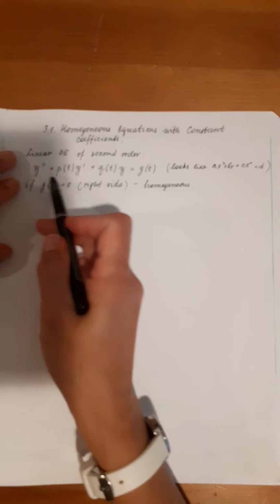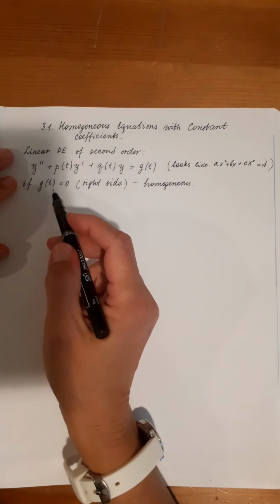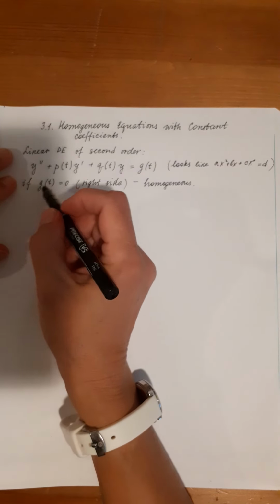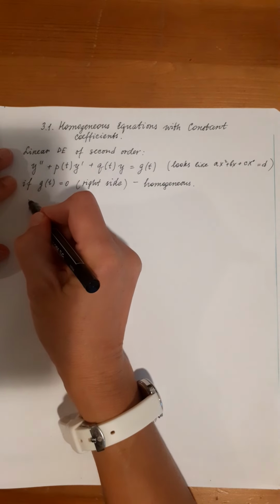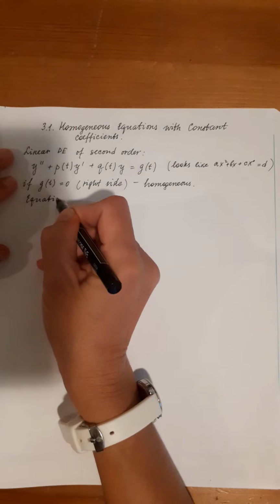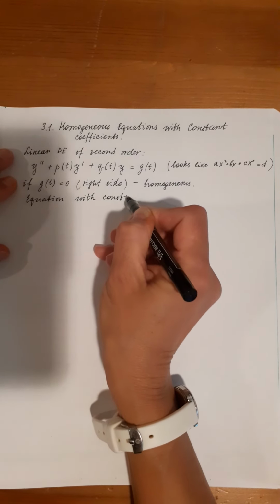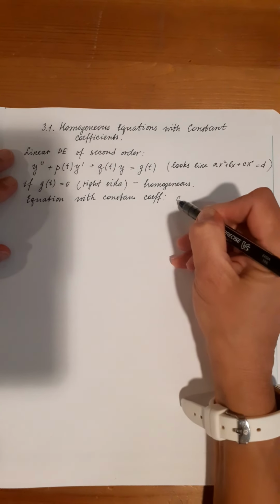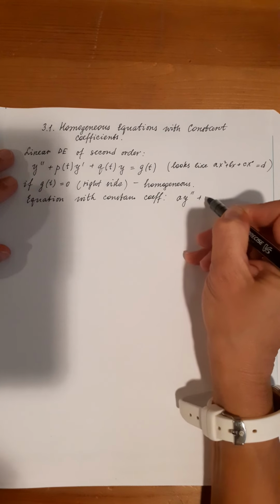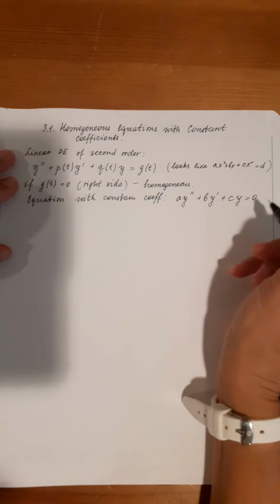Well, we're not going to consider arbitrary coefficients. We're going to start in this section with constant coefficients. So if the coefficients of this equation are constant and the right side is equal to 0, the equation is going to look like this, an equation with constant coefficients: a y second derivative plus b y first derivative plus c y equals 0.